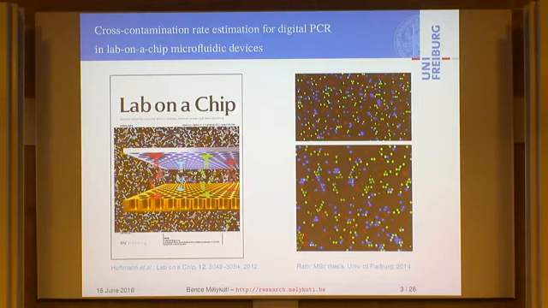And what my collaborator asked me to think about is how you could estimate the rate of this cross-contamination by looking at this picture. So if this is your data, try to tell how much cross-contamination you get. And cross-contamination can be seen as the ratio of those reaction volumes which were not perfectly insulated but which got contaminated.